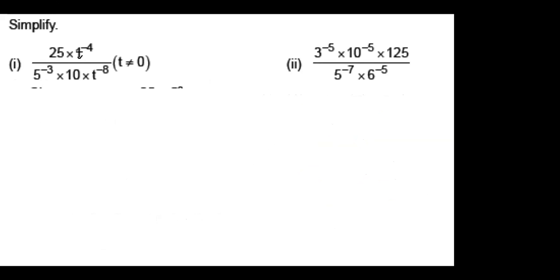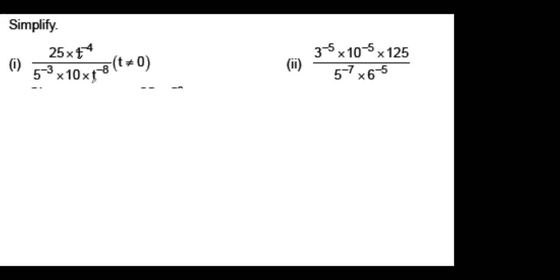Now this question, use the law, you do it yourself. 25 into t raised to minus 4. I'll give you a hint. Make 25 in terms of 5 and 10 also in terms of 5, and then solve. 5 square, and this is 5 raised to minus 3. 25 into t raised to minus 4, and 5 raised to minus 3 into 10 into t raised to minus 8.